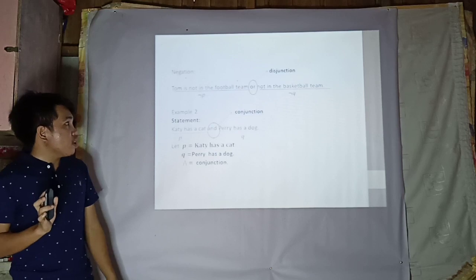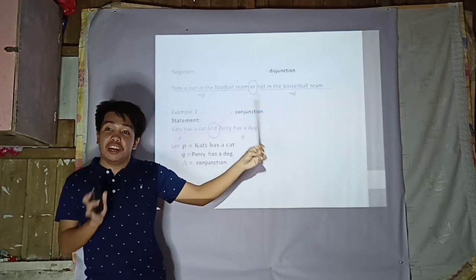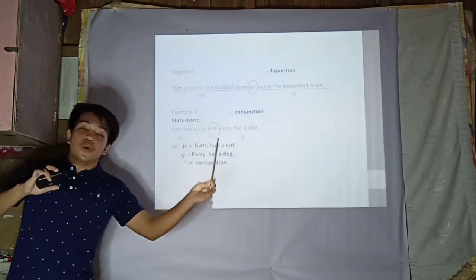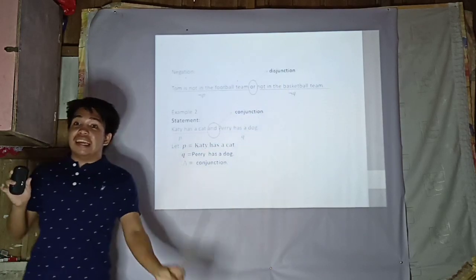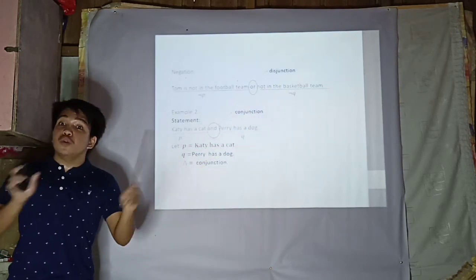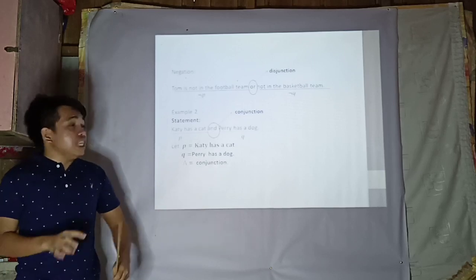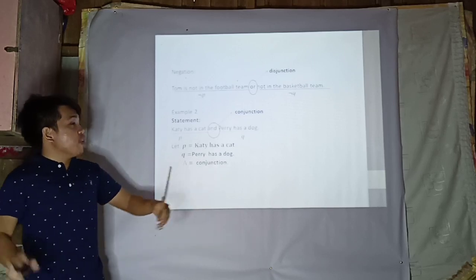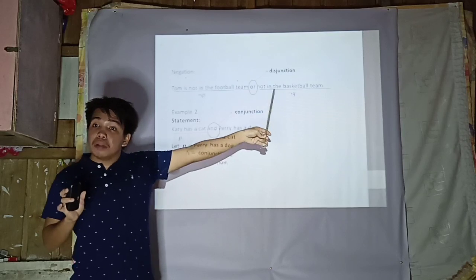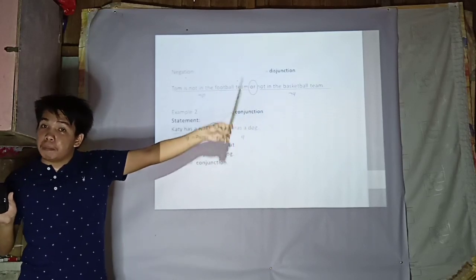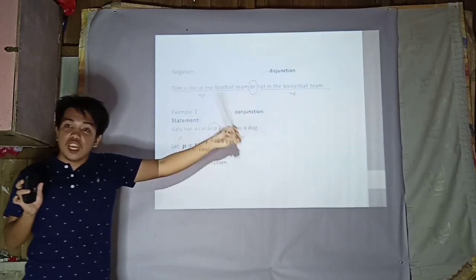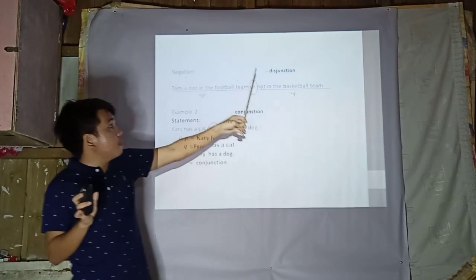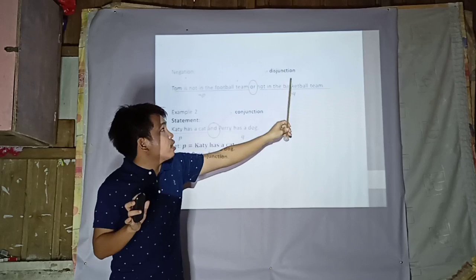And then the negation of Q. Earlier, the Q is in the basketball team. That is the Q statement. But if we negate that, the Q statement will become not Q. The positive statement will become a negative statement, or the true statement will become a false statement. So it will become not in the basketball team.